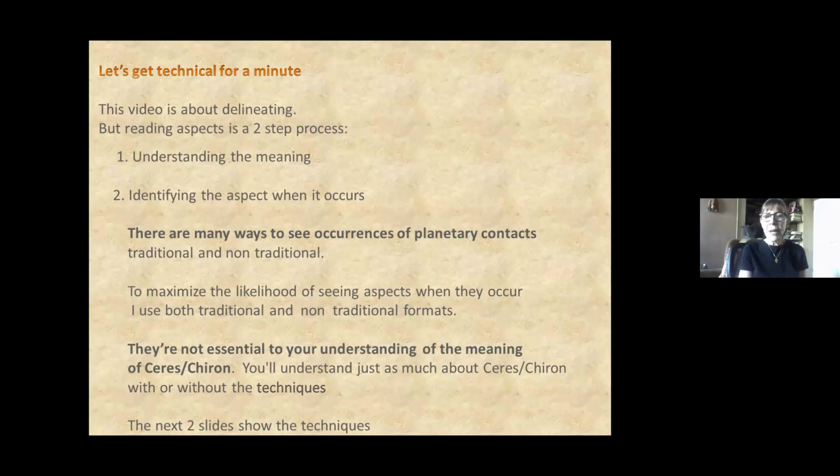So there are many ways to see occurrences of planetary contacts, traditional and non-traditional, and to maximize the number of contacts that I can see, I use both. So it's not essential to your understanding of the meaning of Ceres Chiron. You'll understand just as much without any of these non-traditional formats. But the next two slides will explain the techniques. They're much simpler than you think.